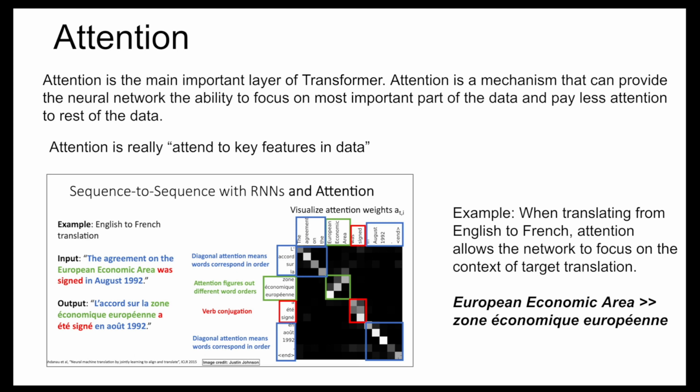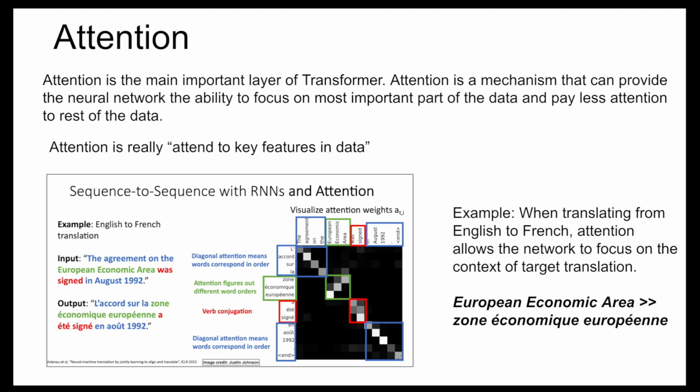What we see here is diagonal attention, meaning the words correspond in order. The network is able to recognize that for these particular words from English to French, they have to be in the order they are in. Their order is the correct order. But if you go to "zone économique européenne," the target translation in French, you can see that the network was able to figure out that when translating "European Economic Area" to French, it goes the other way around.